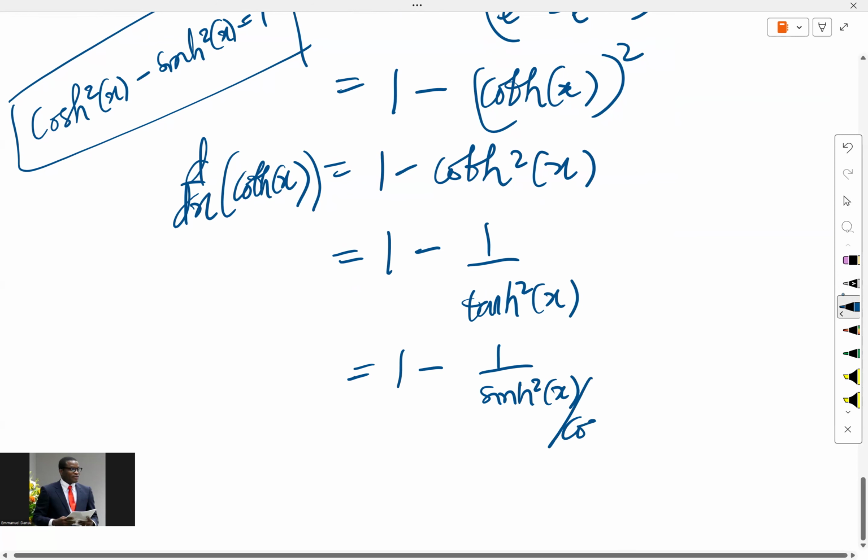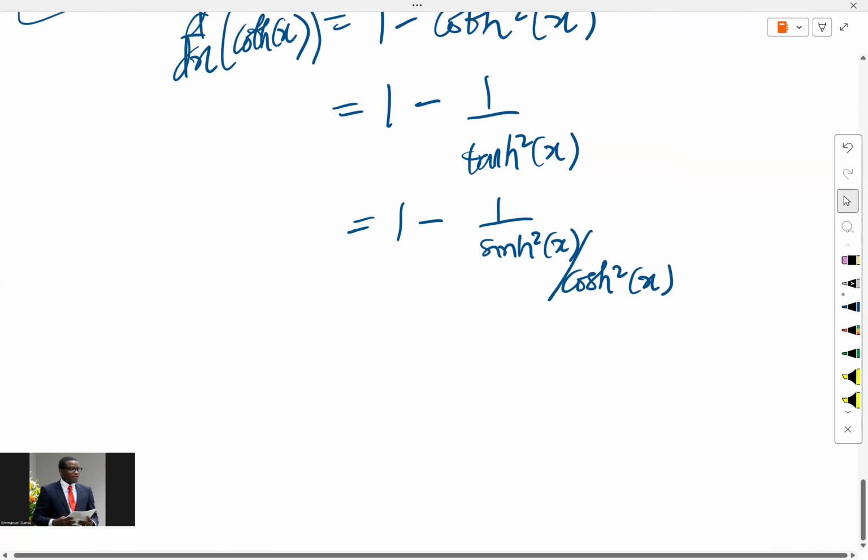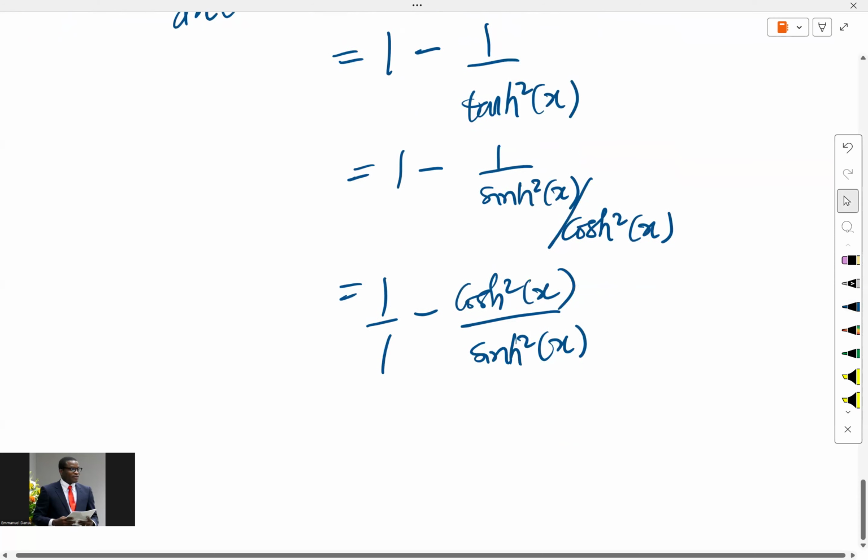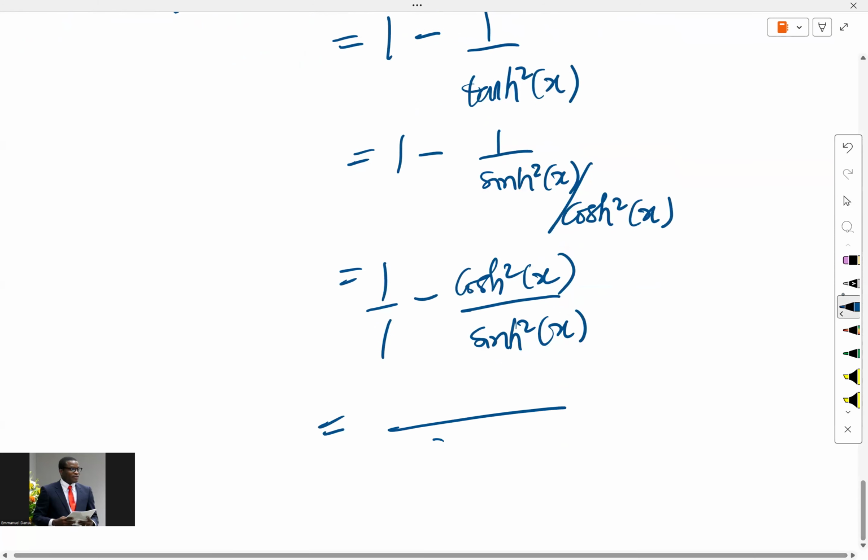I just feel I should explain this somehow. So this is 1 over 1 minus cosh squared x all over sinh squared x. So the LCM, of course, is sinh squared x. So 1 here times 1, that's sinh squared x minus up there we have cosh squared x.